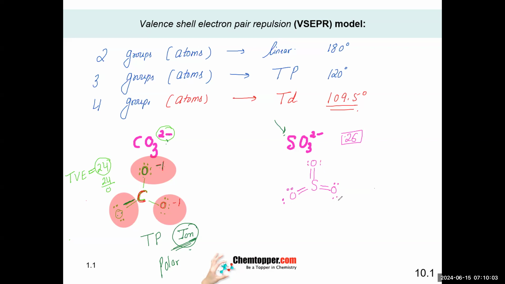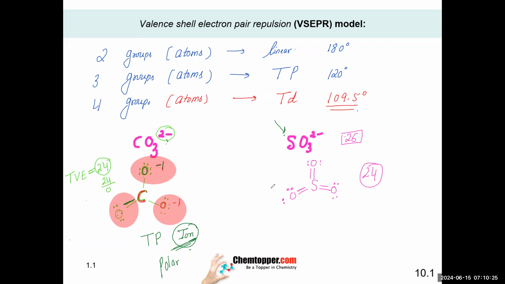Oh my God, what have we done? Check here. How many total electrons? This is 24, right? But I have 26. Where should I place them? 2 are left. They should go on the central element. But sulfur is already with 6, Mayank.